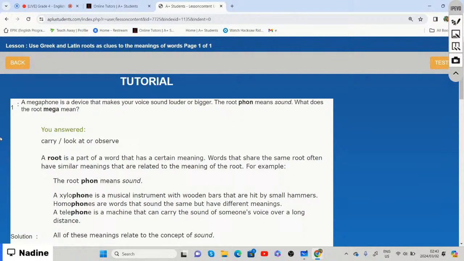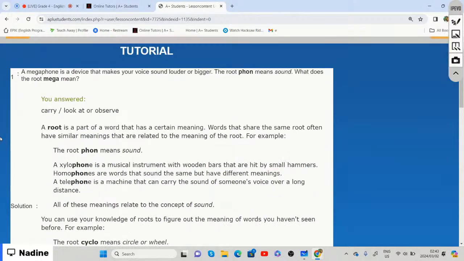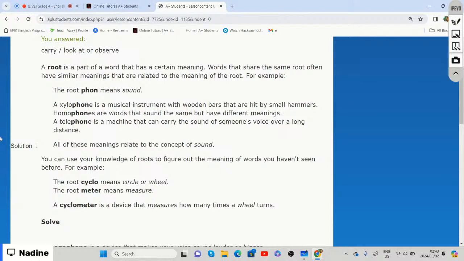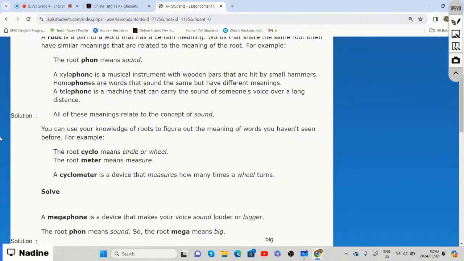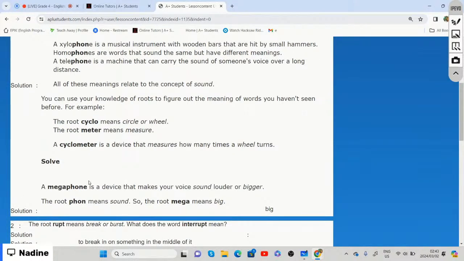For me, mega means something big, something huge. If we scroll down here, a megaphone is a device that makes your voice sound louder or bigger. The word phone means sound, as in homophone, xylophone.